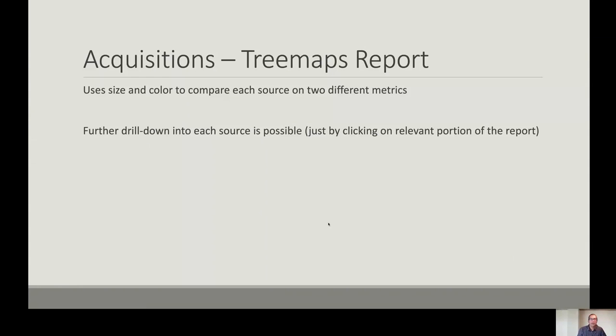And then we have the tree maps report. It's very visual, and it allows us to compare each source on two different metrics using the size and the color of the report, right? And it is very versatile, because it's possible to drill down further into each source by clicking on the relevant portion of the report.